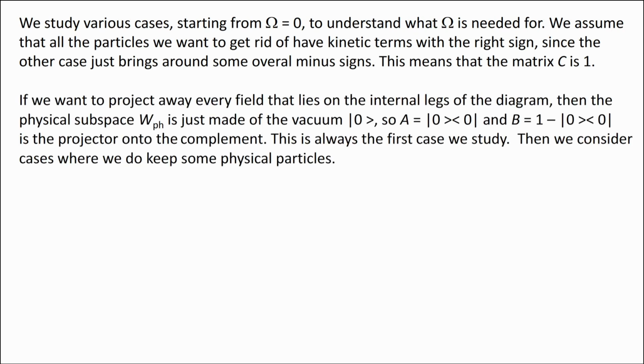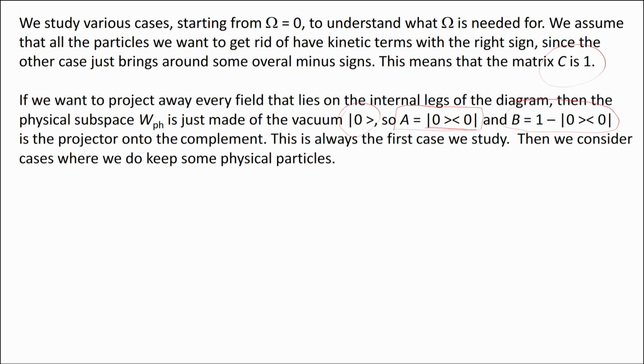So that means that our matrix C we start from is the identity. So we start from a unitary theory. We want to project away every field, so let's assume that all the fields we want to remove are all the fields. Then the physical subspace is just the vacuum, and that means that this matrix A is just the projector onto the vacuum, and then B is 1 minus that.